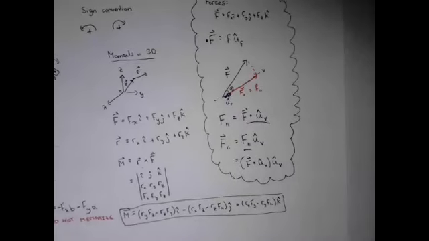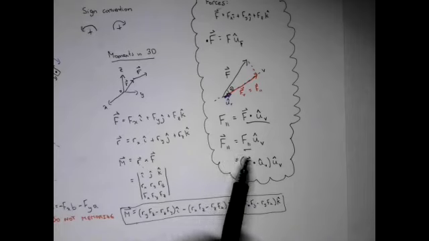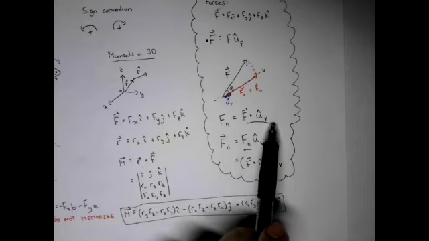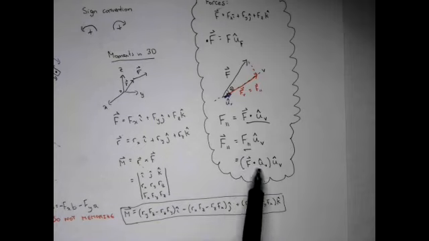Now, we mentioned, once again, that in order to find the vector form, the Cartesian notation of my force, I have to take this magnitude, this F dot u_v, and multiply by the unit vector, that is u_v. So I have to do the same here. If I want to find my moment, I have to take this magnitude M sub V and multiply by my unit vector u sub V, which is the same as saying the dot product of M and u_v multiplied by my unit vector u_v.